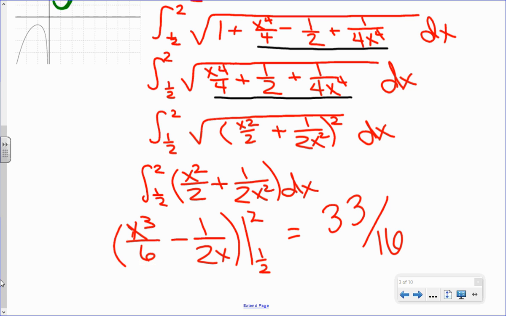You should have 8 over 6 minus 1/4, right? And then you're subtracting the other value.